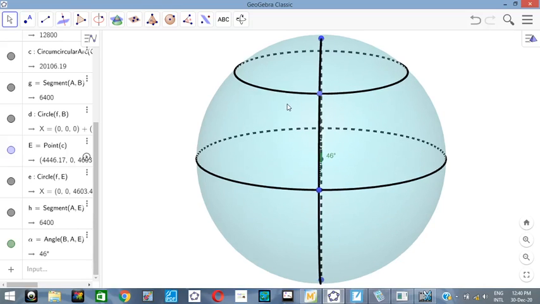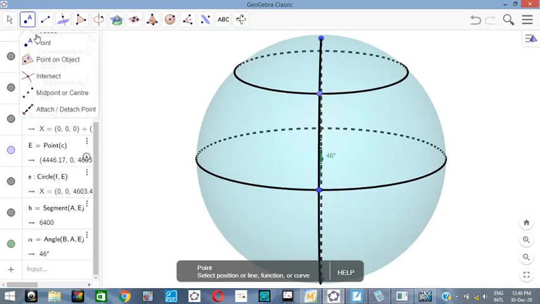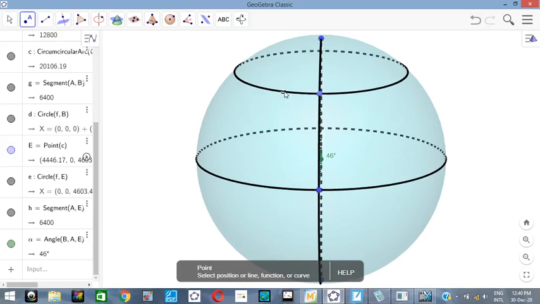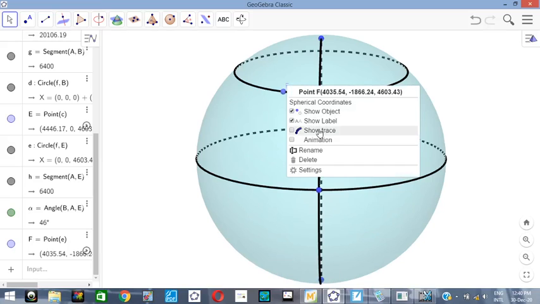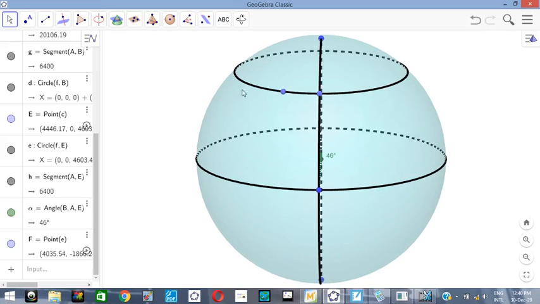So since it's west, I need another point. Let me bring the point out here. So I need a point on my left side, and that point is 130 degrees towards west. Let me remove that label. I can even change the name.